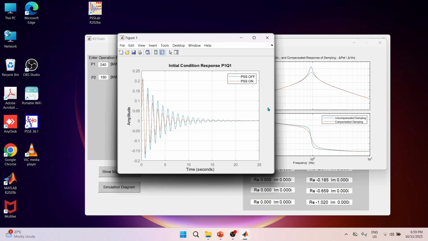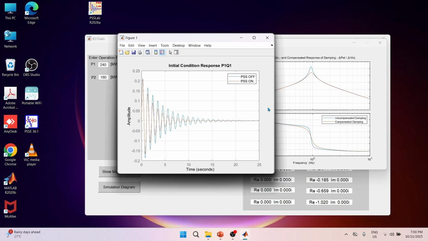After the simulation is completed, different sorts of results pop up on the screen. First, let us look at graphs of the initial response of P electrical, so generator active or electrical power, for all 10 operating points. One graph for each operating point.